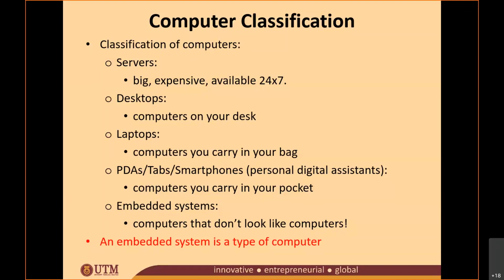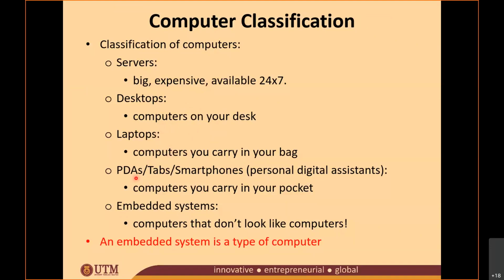And then we have the desktop. The desktop is a computer on your desk. And we have a laptop, which is a computer that you can carry in your bag. This laptop here is one of the most used devices currently.